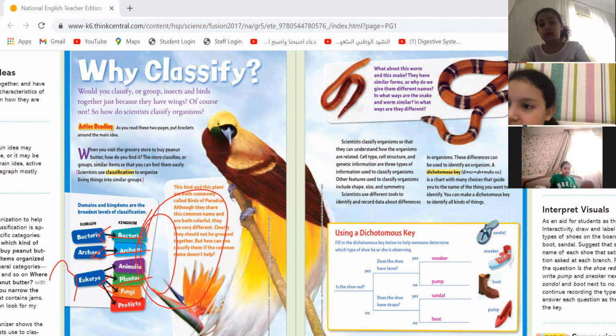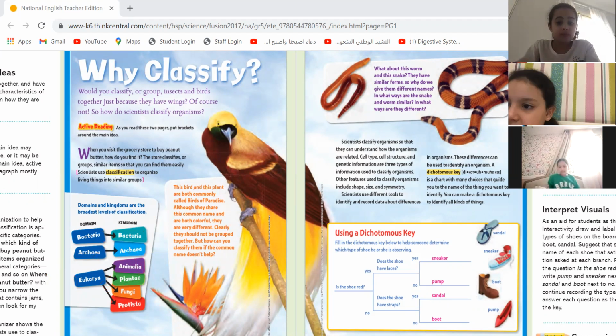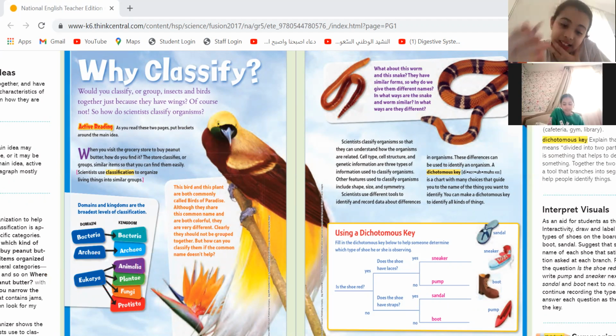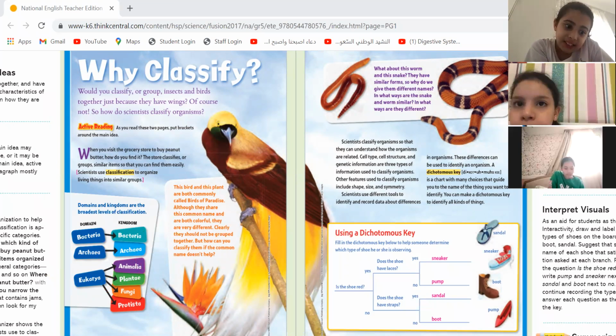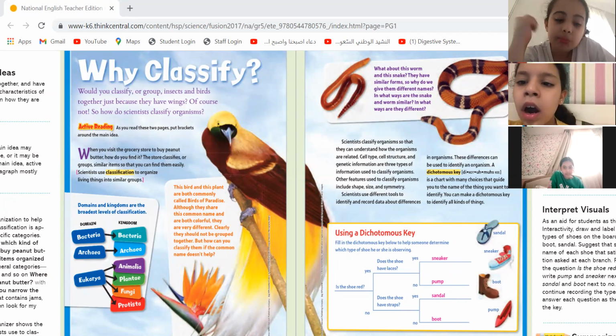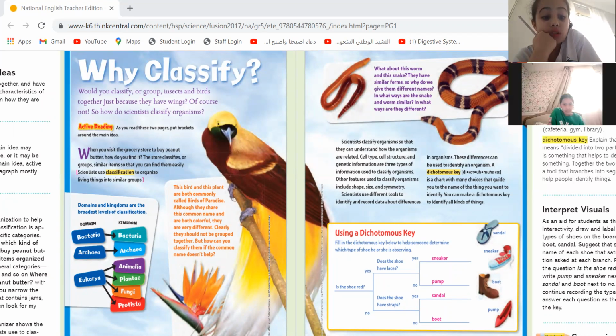Find the word domain and let's highlight it. Yes, Maria. I found it. Read it, please.